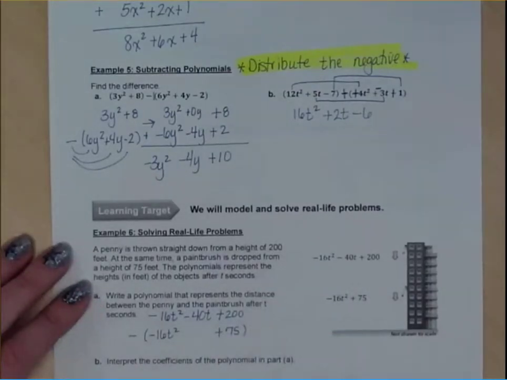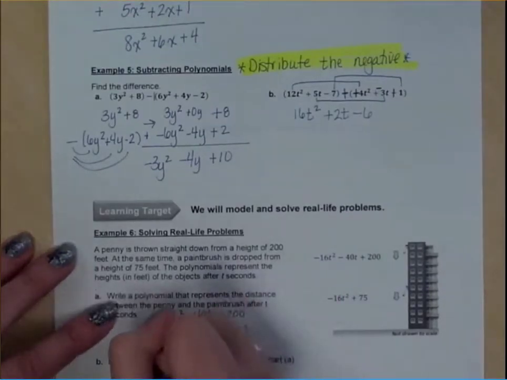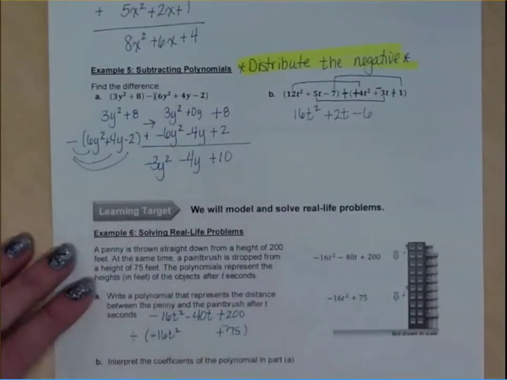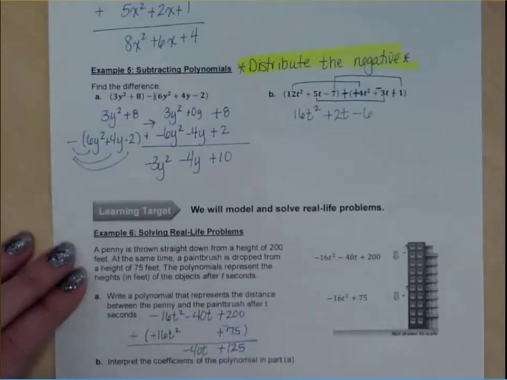Now, instead of rewriting it, if I wanted to, I can go ahead and add the opposite or distribute that negative throughout. So I'm going to add the opposite, so that makes this here a negative. So I'm going to combine my like terms. So I now have 125 minus 40t, and these cancel out.